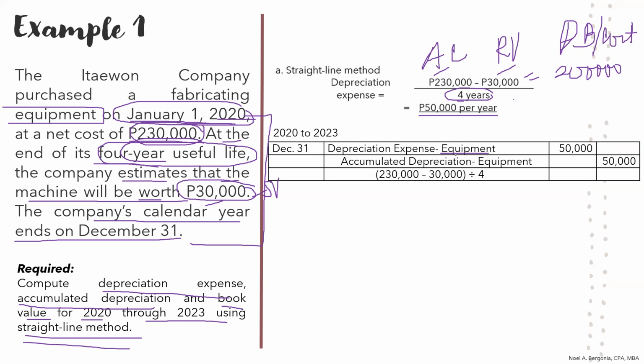Pero I've just used here, para mapakita sa inyo na ito po yung possible na title, or pwedeng depreciation expense lang, 50,000. And credit your contra asset account, credit accumulated depreciation equipment, or pwedeng accumulated depreciation lang, 50,000.